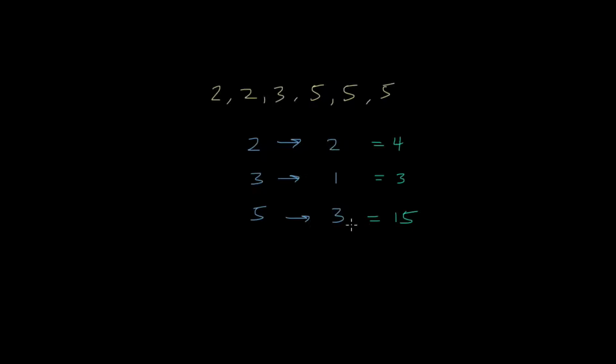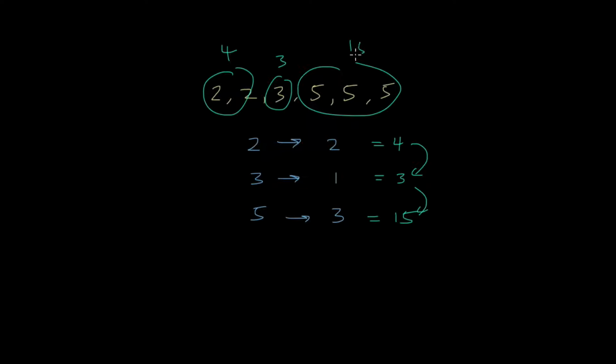So why we're doing this is because when we find the mean, we can just add up this. So the summation of this would be 4, this is 3, and this is 15, right? So when we're finding the mean, instead of adding 2 plus 2 plus 3 plus 5 plus 5 plus 5, we can just add up 4 plus 3 plus 15, and that makes the addition much more easy.